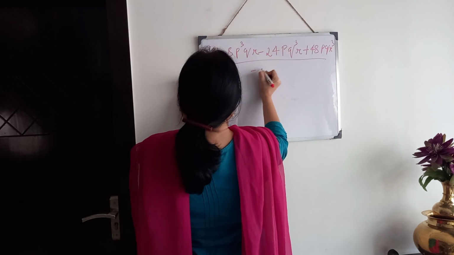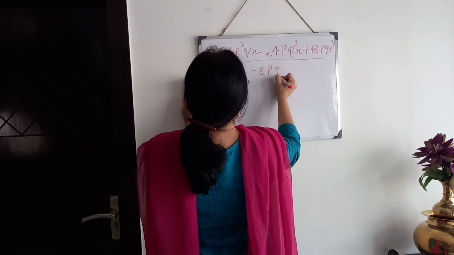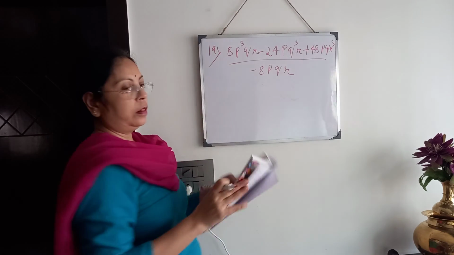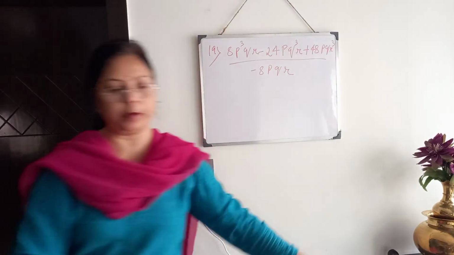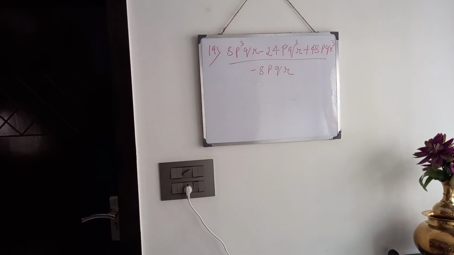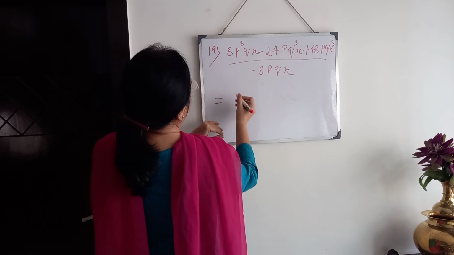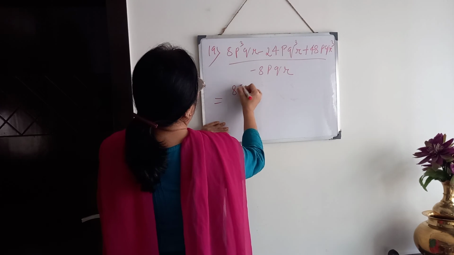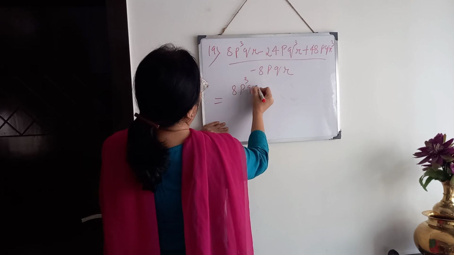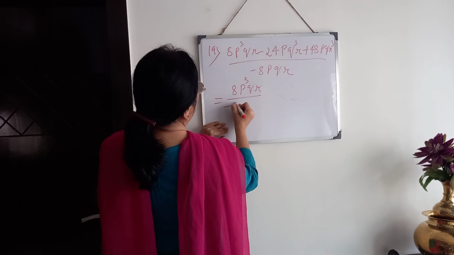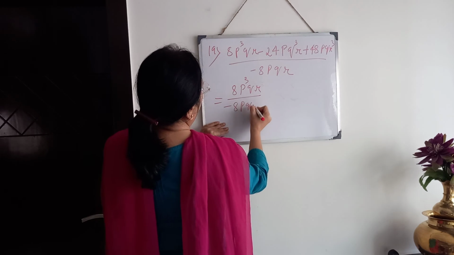By minus 8PQR. This one you have to do carefully. Now again, like previous sum, what will you do? You will separate the terms. 8P cube QR by minus 8PQR.